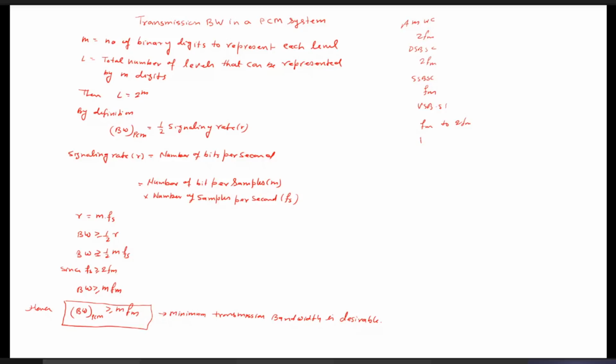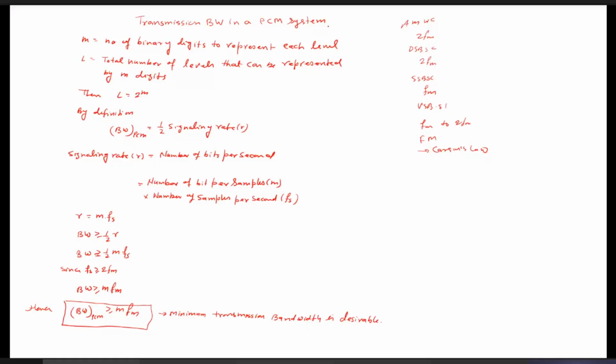You might have studied FM, whose bandwidth is defined by Carson's rule. Similarly, for any such technique we study, we need to find out the bandwidth of that particular system. So what will be the transmission bandwidth of a PCM system?